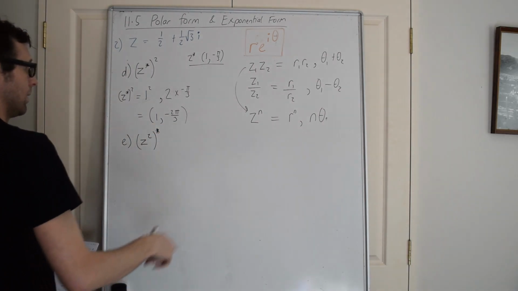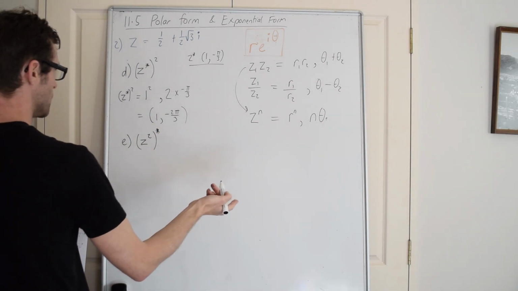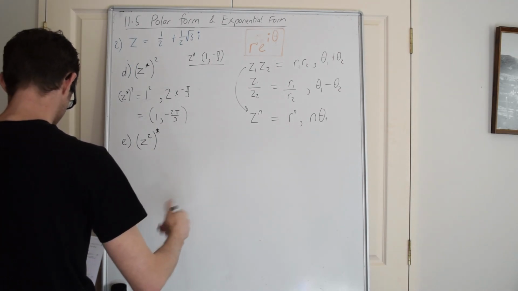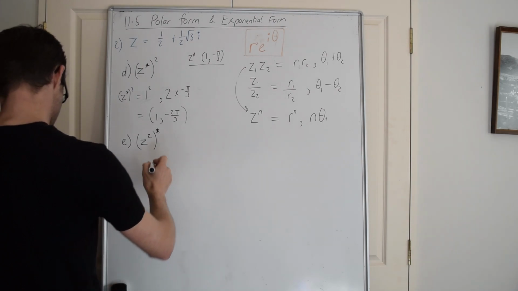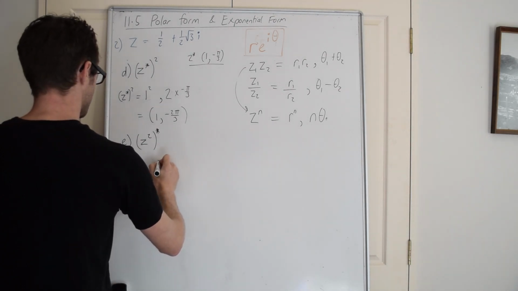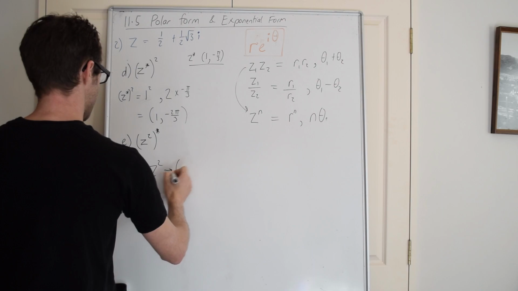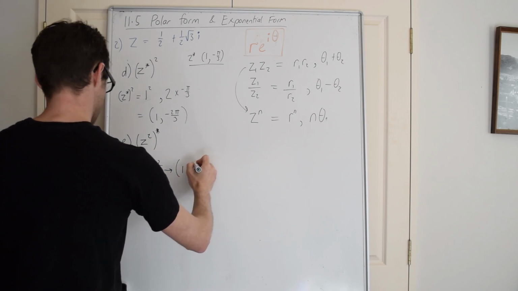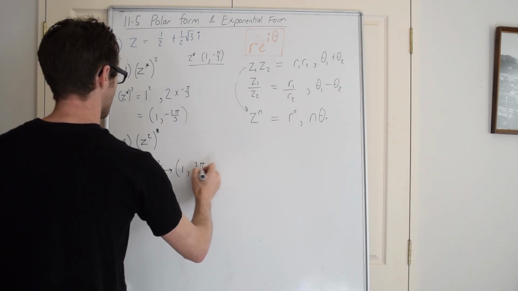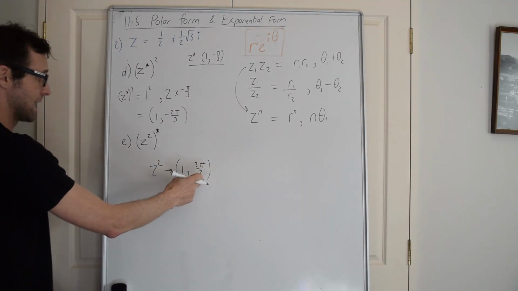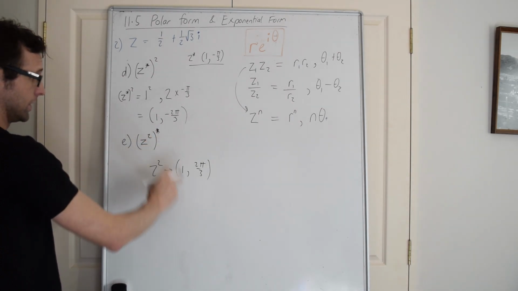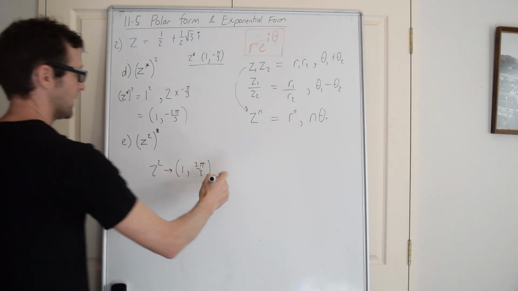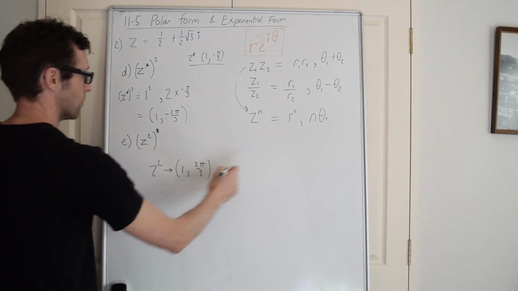Okay, well, if we went back to the previous one, which was Z squared, I think we did this earlier, we know that Z squared had a modulus of 1, and 2 pi over 3 was our argument. Now if we're going to do the conjugate of this, the argument is simply going to become negative.